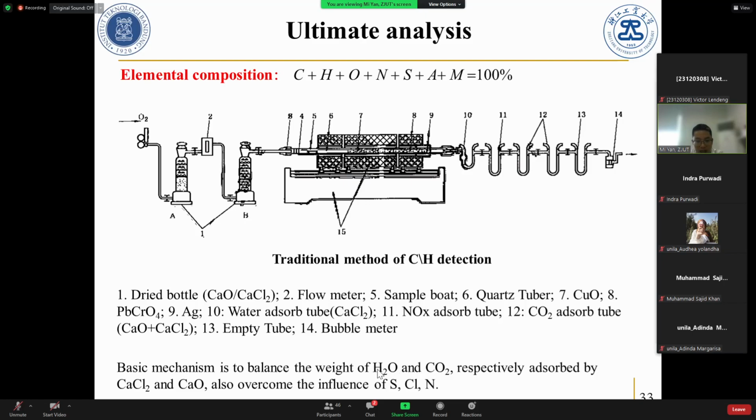For H2O, we use CaCl2, and for carbon dioxide, we use CaO to absorb. But of course, you should take care how to overcome the influence of sulfur, chlorine, and nitrogen. That's why there are so many bottles or so many U-tubes. All these are materials to overcome the influence of sulfur, chlorine, and nitrogen.